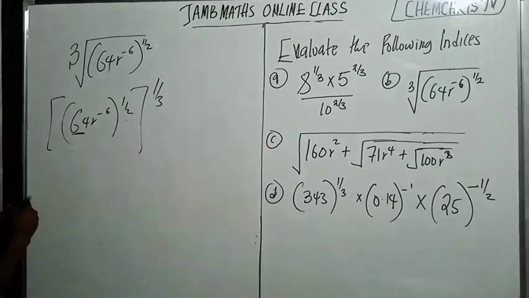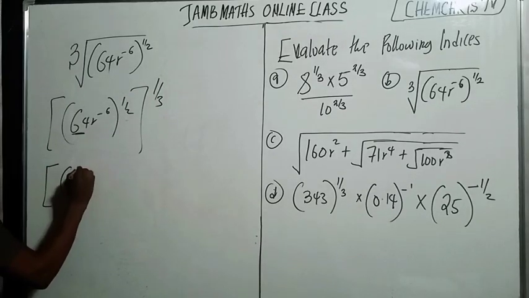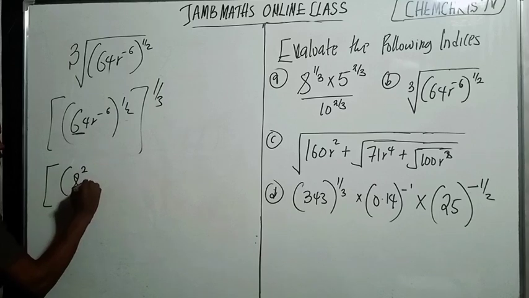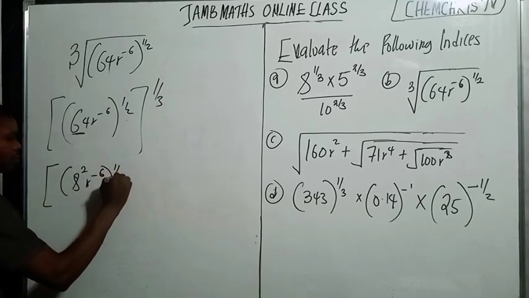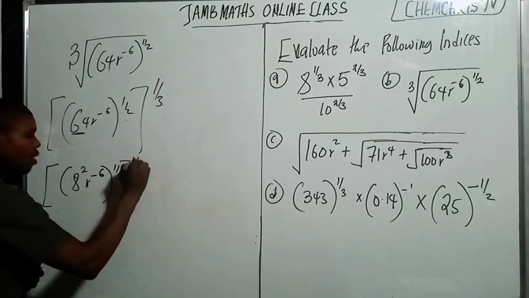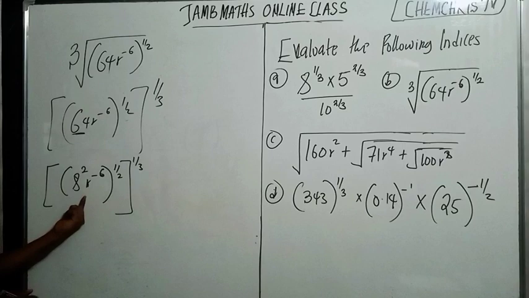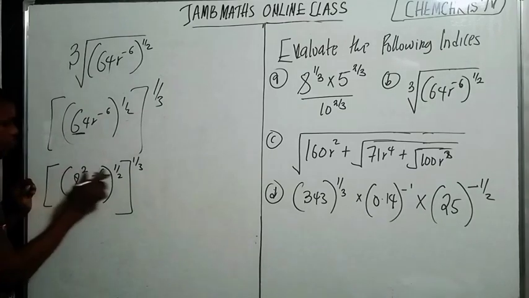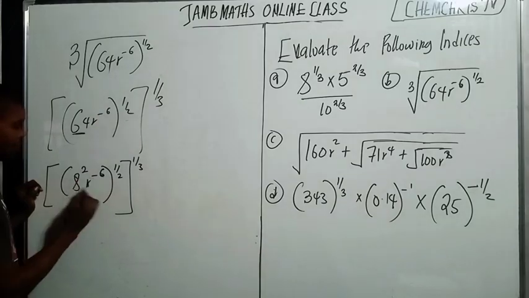So it's going to be 8 raised by 2, right? Raised by minus 6, right? 1 over 2, 1 over 3. Can you see that? So this one here, I'm looking at this one down here like this. Now, this power will multiply everything here, the power law, right?